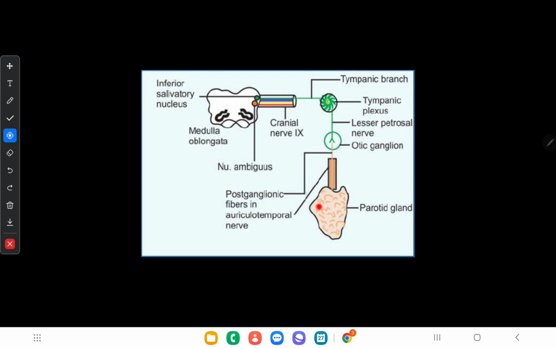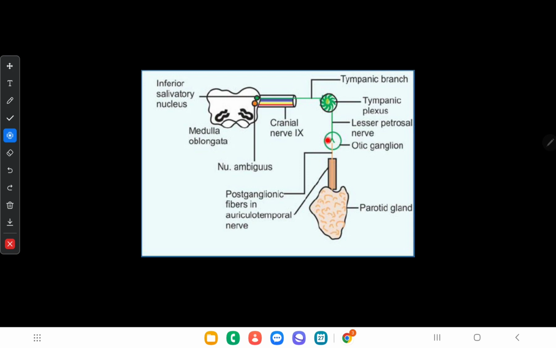So you have to remember that the postganglionic fibers to the parotid gland are carried with the auriculotemporal nerve, and the preganglionic parasympathetic fibers are carried through the glossopharyngeal nerve towards the tympanic plexus, and finally it becomes the lesser petrosal nerve, and it ends up in the otic ganglion.